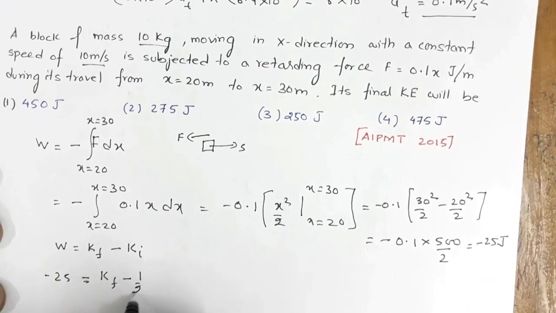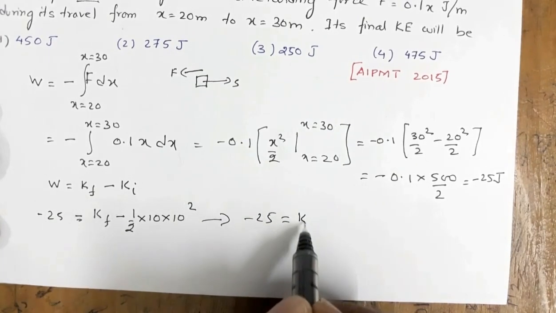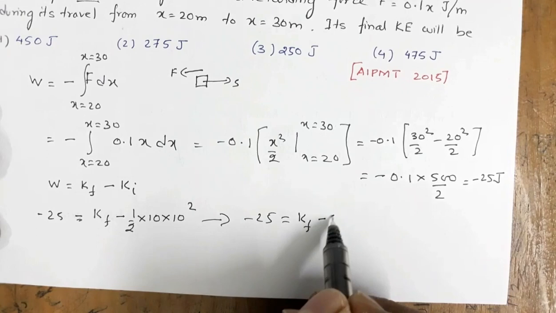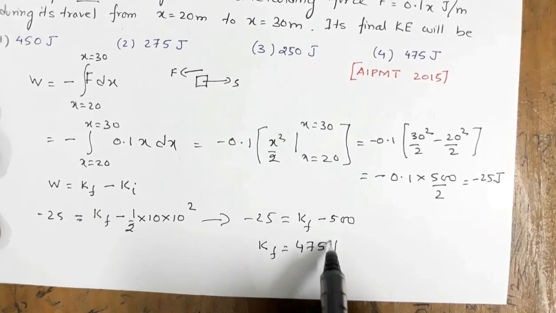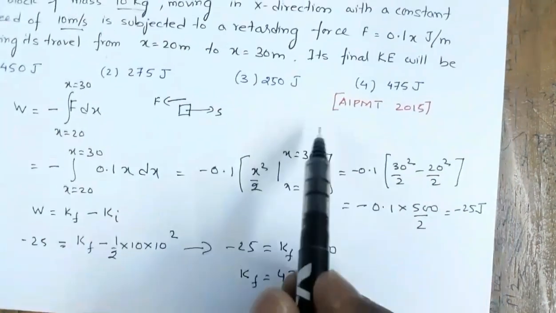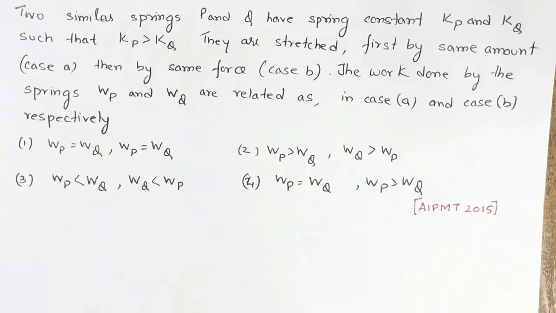So half into 10 into 10 square. So minus 25 is equal to Kf, the final kinetic energy, minus 500. So Kf is equal to, this comes over here, 475 joule. Okay, so of the given options, option 4 is the correct answer.